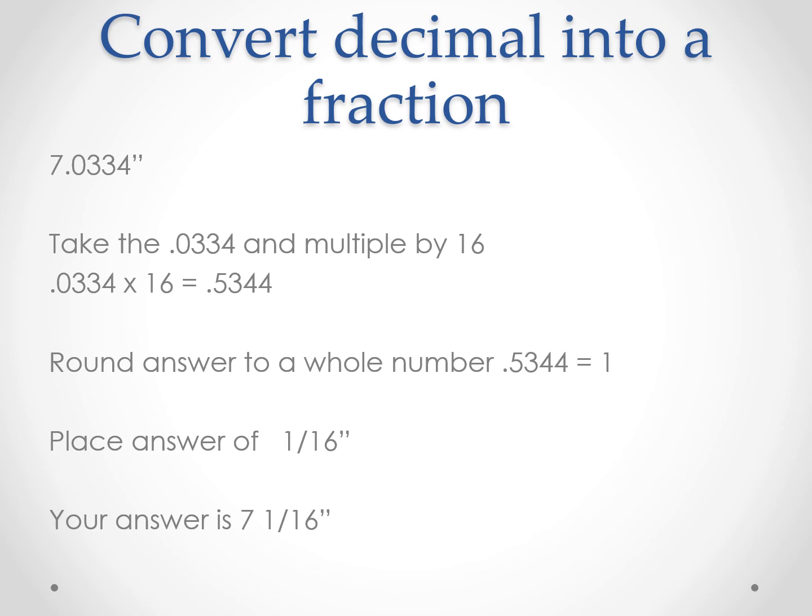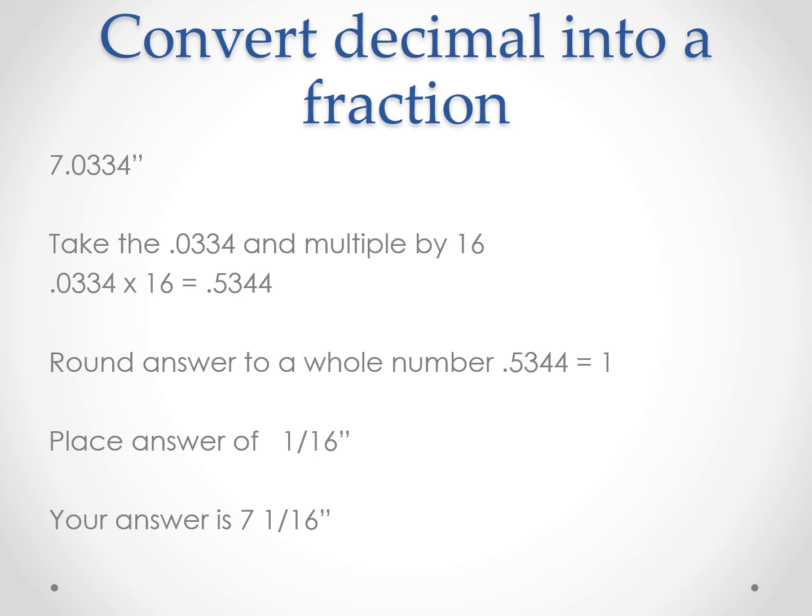We now have to round that answer up or down, depending on which way you round, but in this case we're rounding up because rounding rules state that anything above 0.5 or up goes up. So it rounds to 1. We place the answer over 16, so the answer becomes 1/16. And the total answer of 7 1/16.